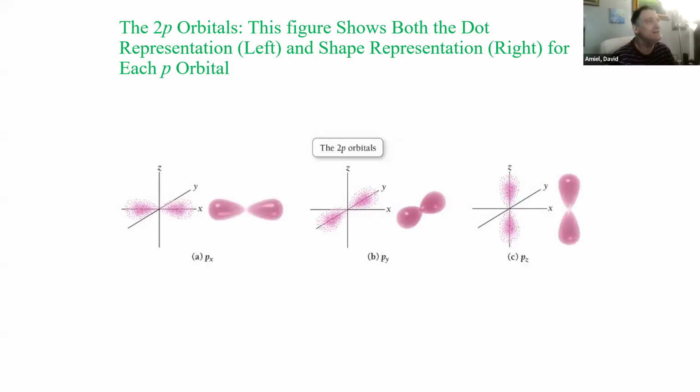Here are the p orbitals, the dumbbell shapes, the px in the x direction, the y direction, and the z direction, these earlobe-like dumbbell shapes, 3 of them, equal in energy. 2, 4, 6 electrons can go in the p subshell: 2 in the px, 2 in the py, 2 in the pz.